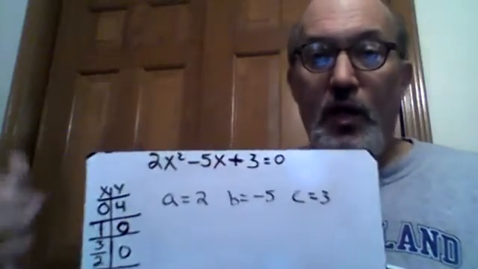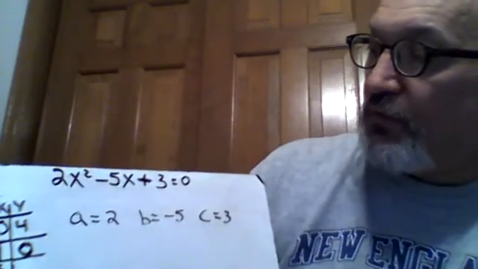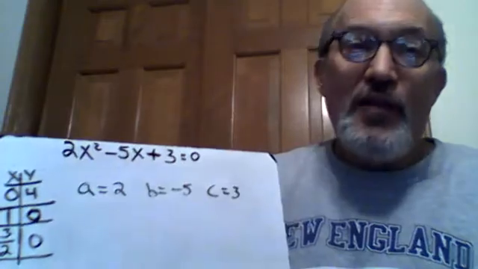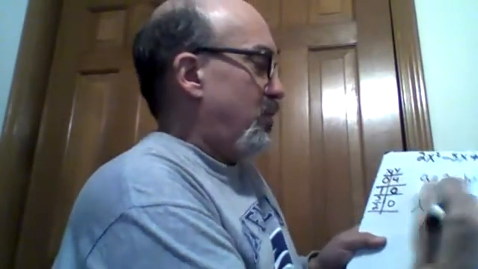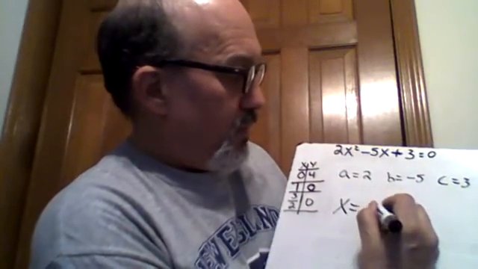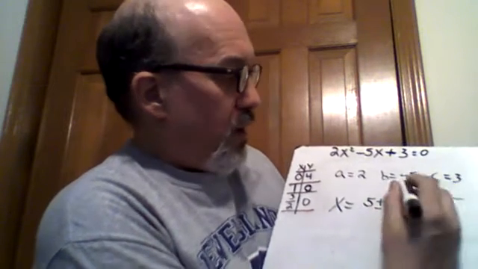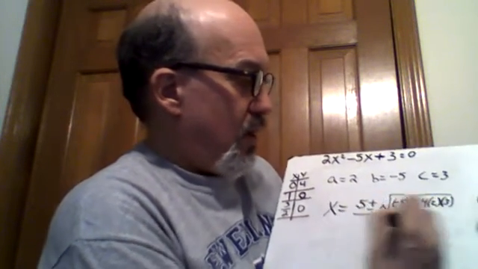So, of course, if 2x squared minus 5x plus 3 equals 0, then we'll just plug into the quadratic formula. x will be the opposite of b, which is 5, plus or minus the square root of b squared, b is -5, b squared minus 4 times a, which is 2, times c, which is 3, all over 2a. A is 2 this time, so it's all over 2 times 2.